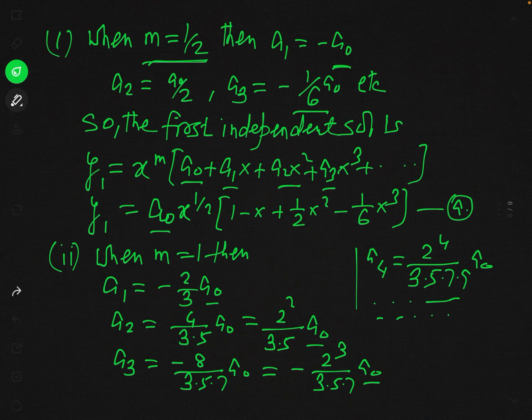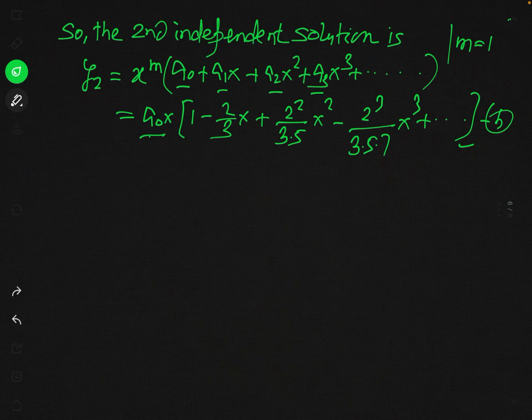But these independent solutions contain only one arbitrary constant. So separately, these two independent solutions cannot be the complete solution of this equation. And you know, to get the complete solution, we simply combine these two independent solutions linearly.